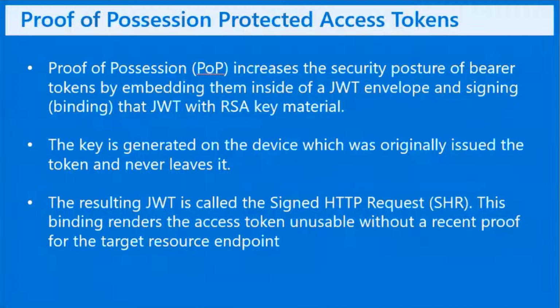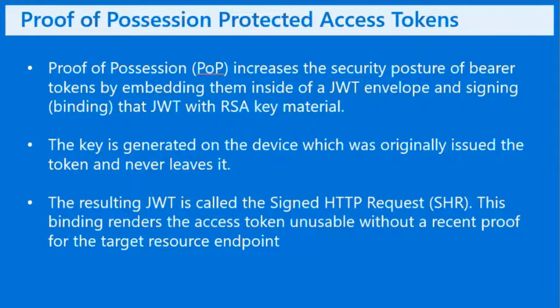Basically, with proof of possession, we generate an asymmetric key pair on the client, where we ideally are generating that key pair in hardware-backed storage. That private key is held in that hardware-backed storage, and we take the public key, and when we make our original access token request for, let's say, MS Graph, we provide along with that request the public key.